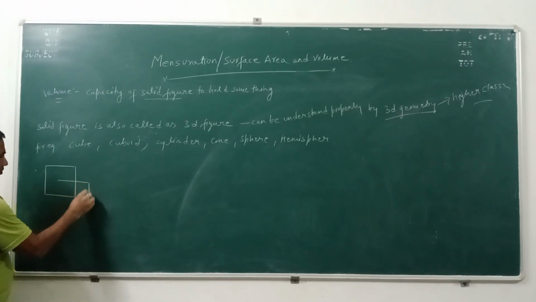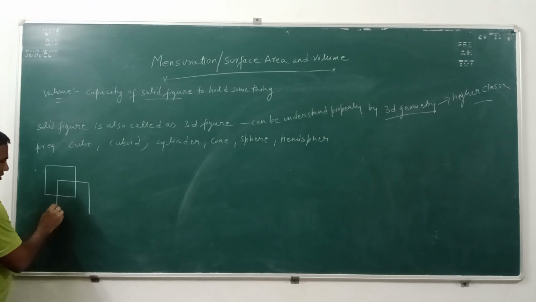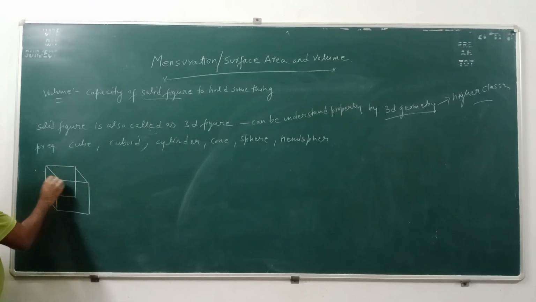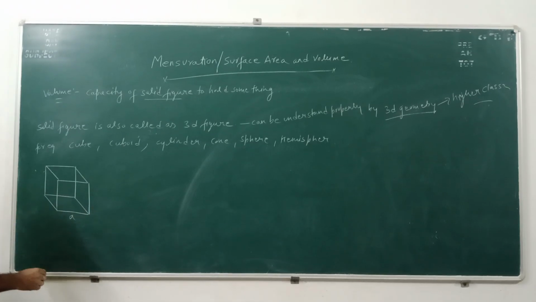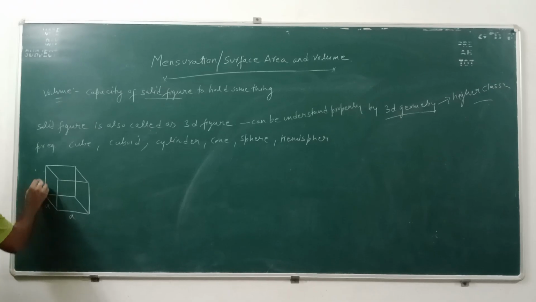You can see on the board, this is the shape of a cube, in which all edges will be the same, a.